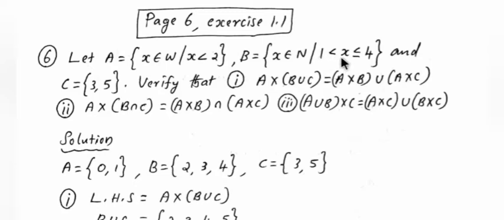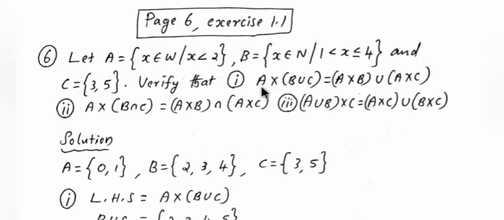Therefore 2 can be taken, 3 can be taken, then 4 also can be taken since x ≤ 4 is given. Therefore the elements are 2, 3, 4. Therefore B = {2, 3, 4}. Then take C. C is given as {3, 5}.